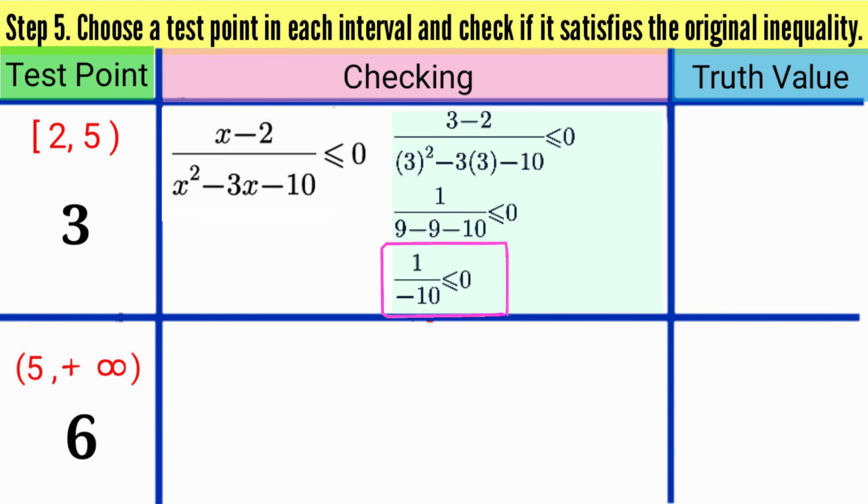One of the statements, or disjuncts, is true, since negative 1/10 is less than 0. Hence, the compound statement is true. Therefore, all the values within this interval are the solution of the given rational inequality.